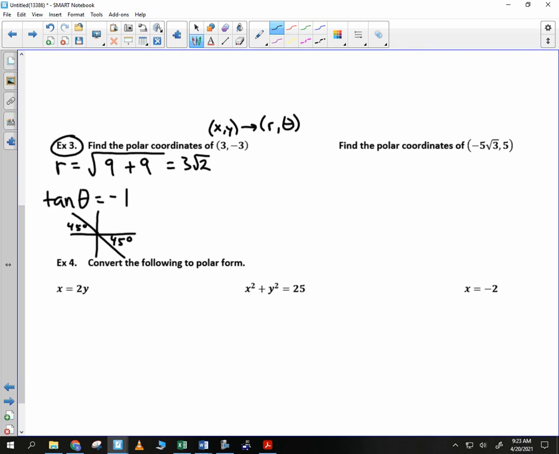The fourth quadrant. So what will my angle be? 315 degrees. Convert 315 degrees into radians. 7 pi over 4. So we have 3 roots of 2, comma, 7 pi over 4. That is the polar form.